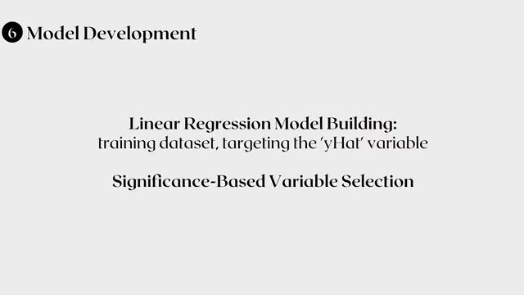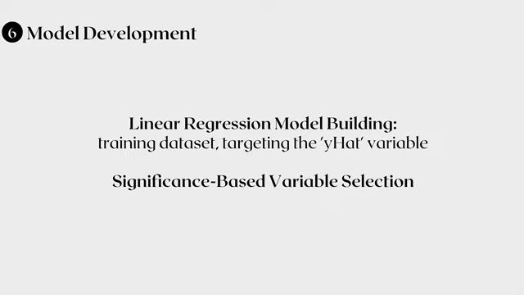Model development. Model construction with linear regression. The reason for this is to utilize the lm function to create a linear regression model using y-hat as the dependent variable and all other treated training dataset variables as predictors.